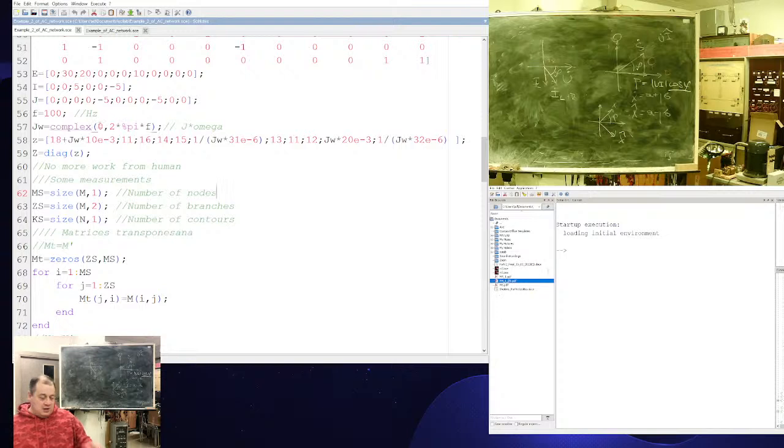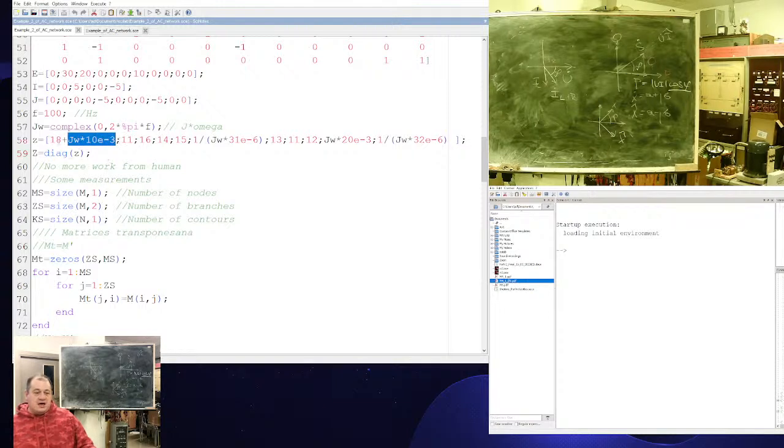Complex function takes two arguments, real part and imaginary. So here is real part 0, imaginary double pi multiplied by frequency. As a result, I will get your omega for 100 Hertz. Look how I use it with the resistance vector.